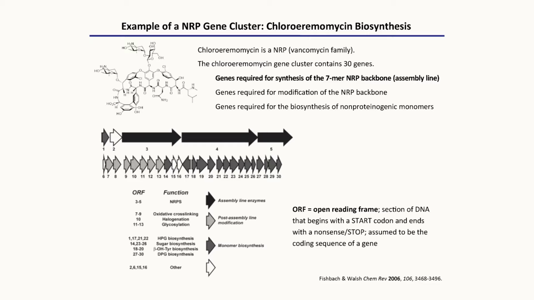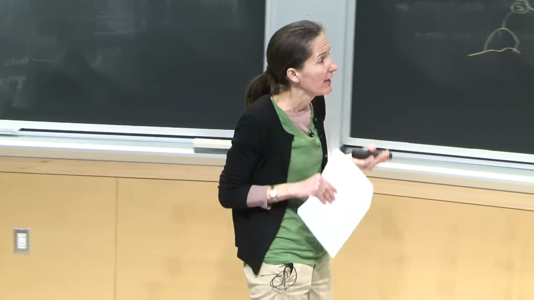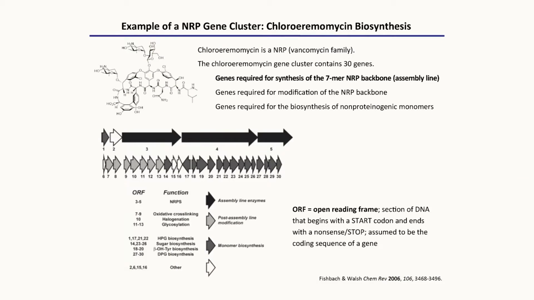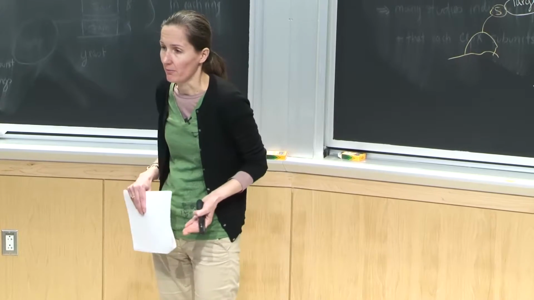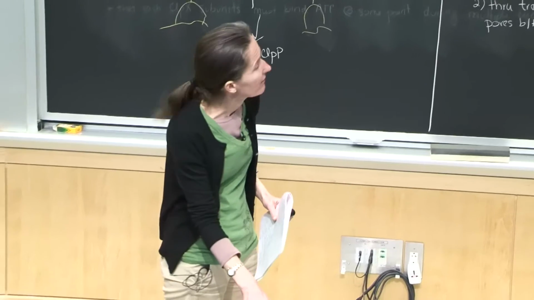And if you take a close look, there are a number of non-proteogenic amino acids in this molecule. That means they have to come from somewhere, so this gene cluster also includes genes required for the biosynthesis of those monomers. So there's a lot of effort going into making this molecule by some organism, and presumably under some set of conditions, it's important.